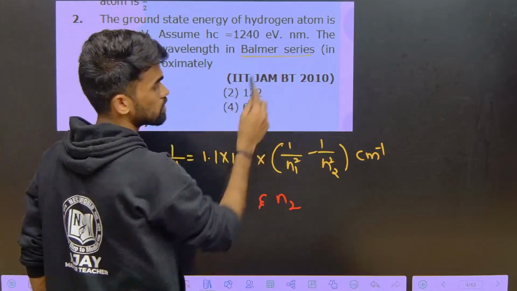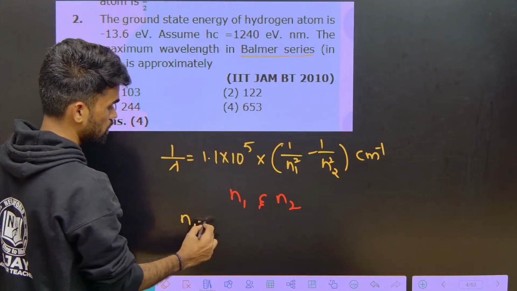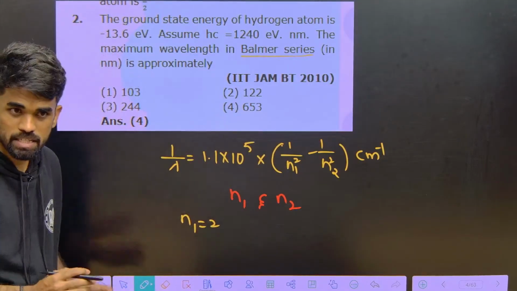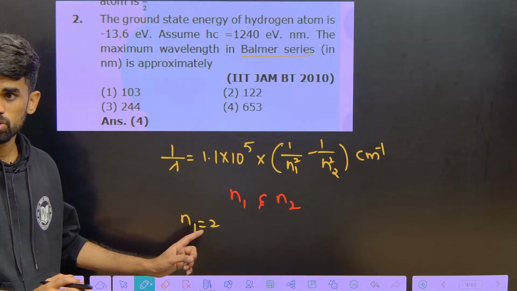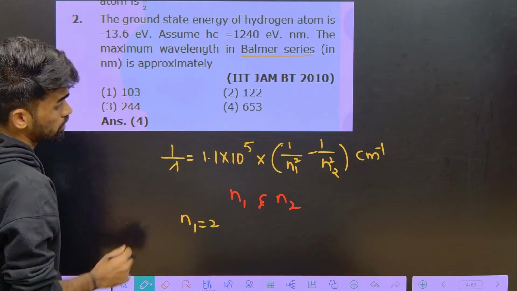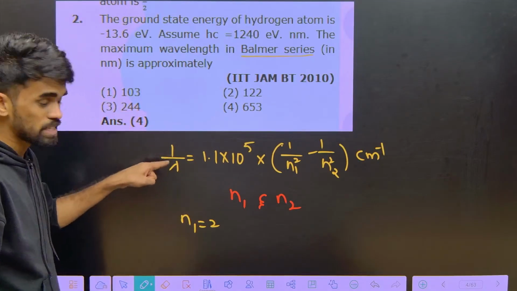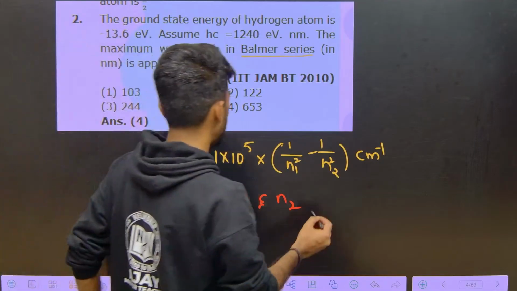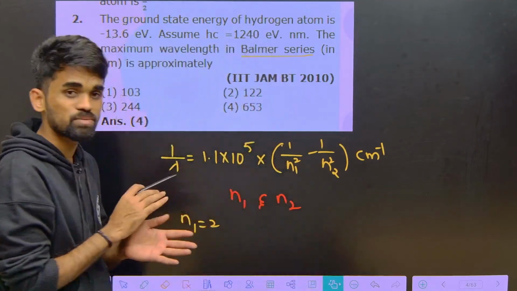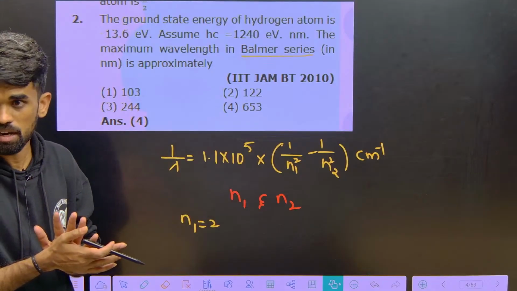Balmer series, so n1 will be 2. We should not get stuck here. And again we need this kind of equation, so let us work out which will be maximum and which will be minimum. That should be clear to us.